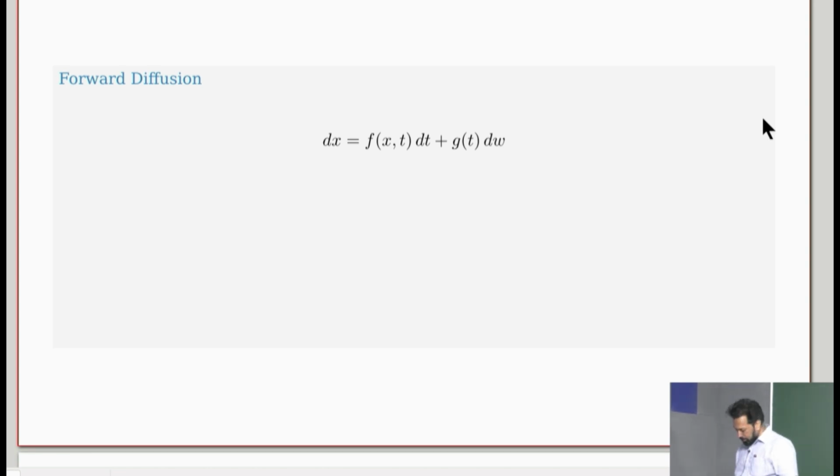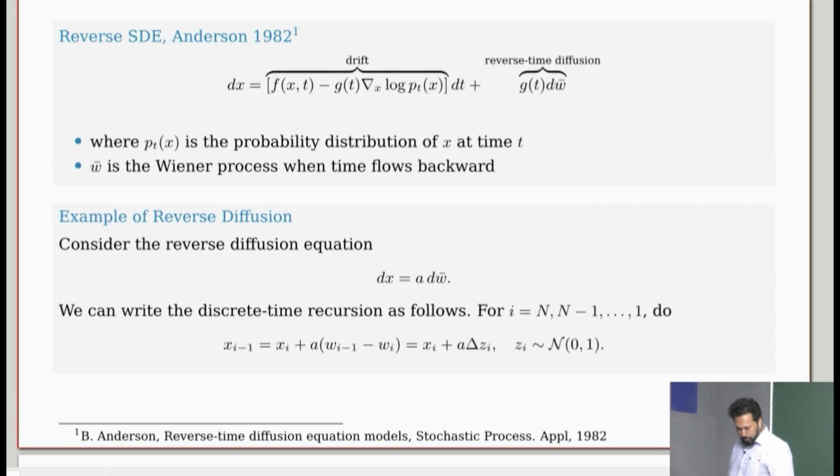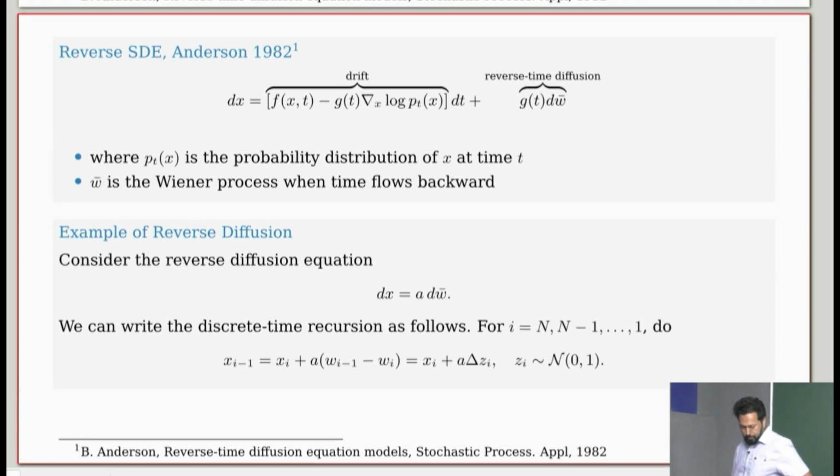Then there is a theorem by Anderson that if you have forward diffusion defined like this, then the corresponding backward diffusion is this. Here is the reverse one. We are not going to prove this, but we will take it. It was proved a long time ago, in 1982. Of course you have liberty to have f of your choice, and you will plug it into the reverse case also, and it will give you the backward diffusion.